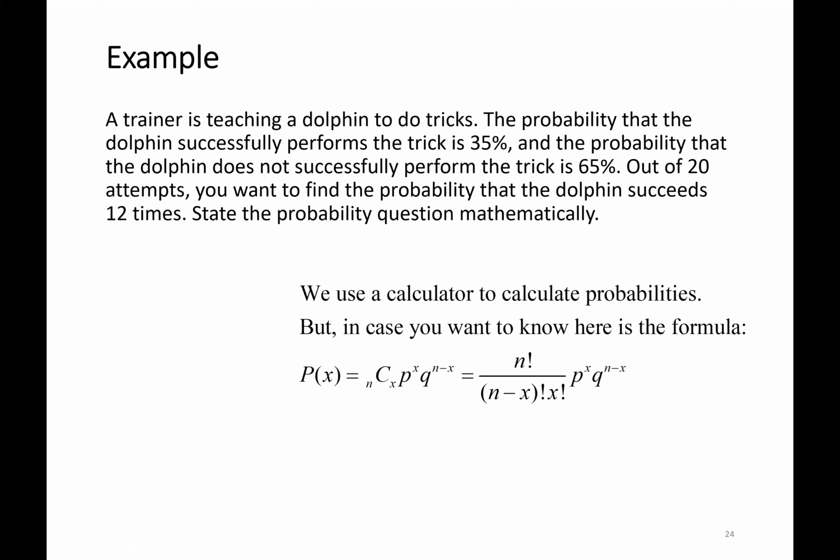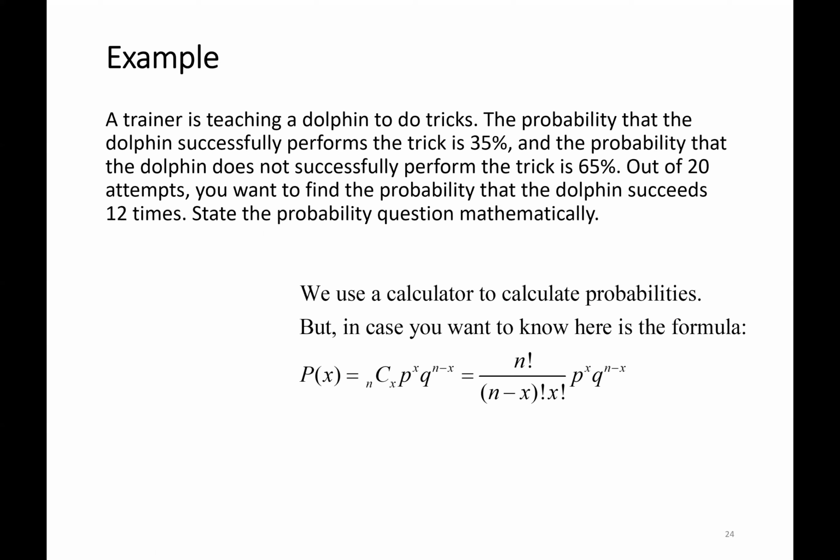The probability that the dolphin successfully performs the trick is 35%, and the probability that the dolphin does not successfully perform the trick is 65%. Out of 20 attempts, you want to find the probability that the dolphin succeeds 12 times. So state the probability question mathematically.